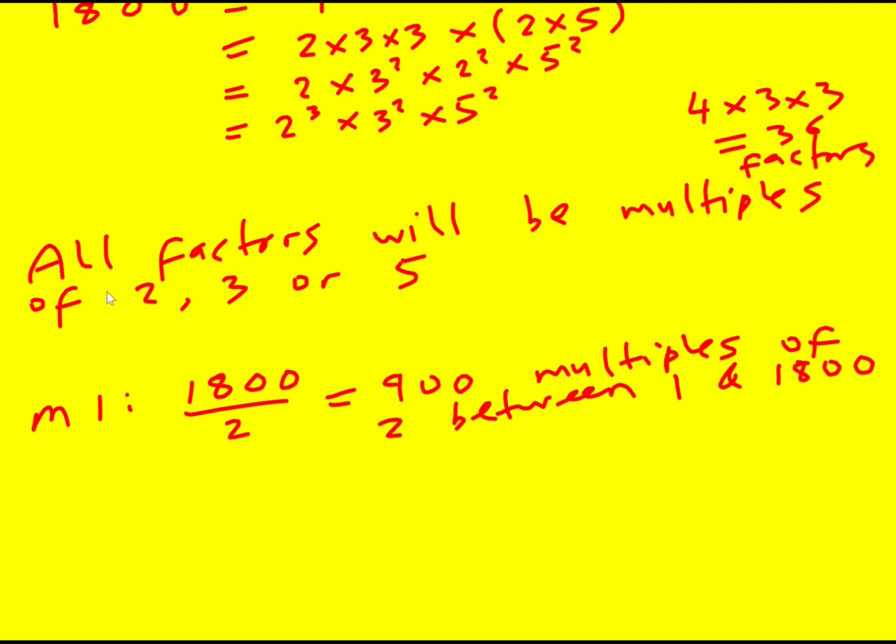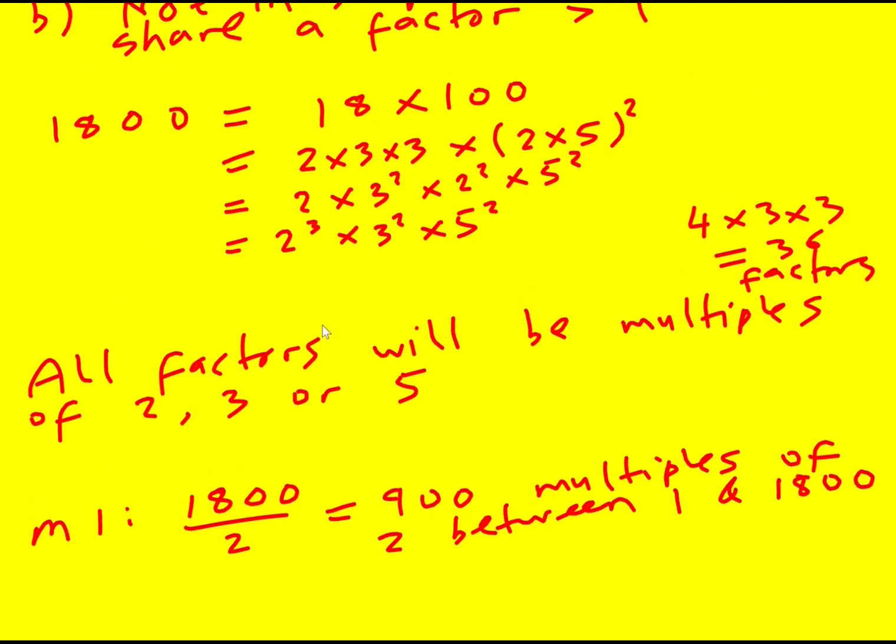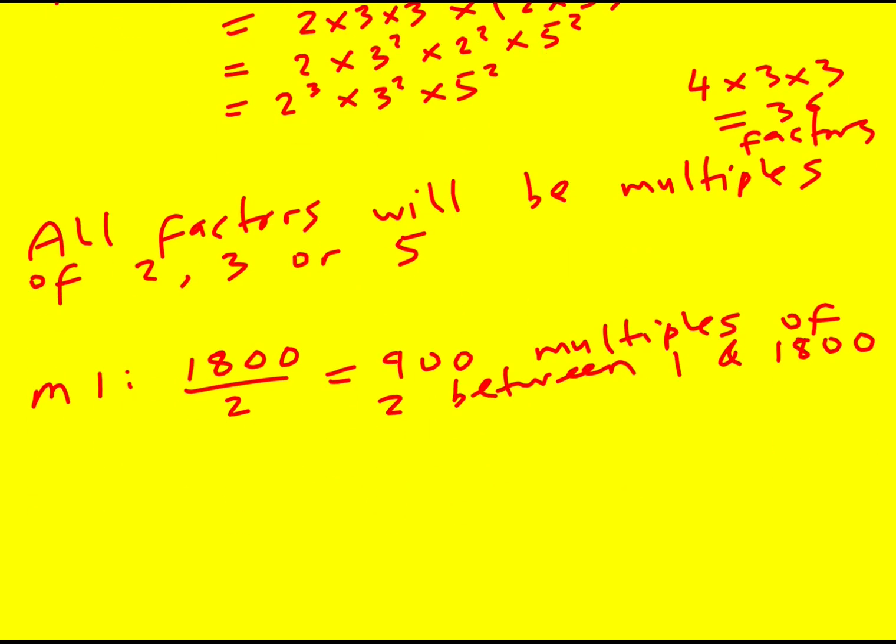All of these are going to simplify. So like 4 over 1,800, 6 over 1,800, 8 over 1,800, they're all going to simplify because they've got a common factor of 2. Now let's take a look at 3. 1,800 divided by 3 is going to be 600 multiples of 3.